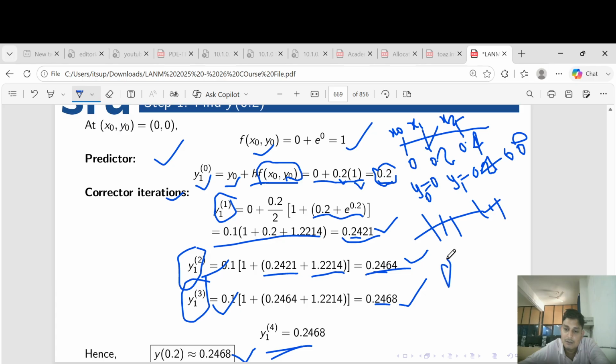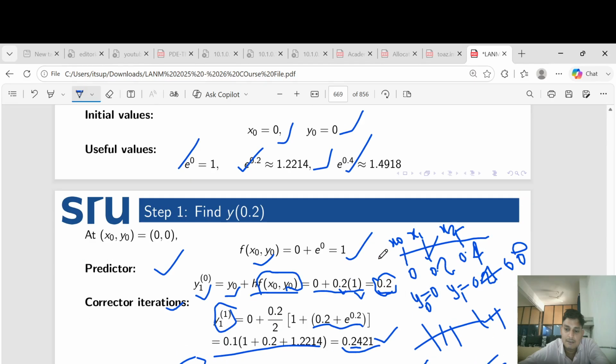Otherwise, you can solve dy by dx, which is given as y plus e to the power x.